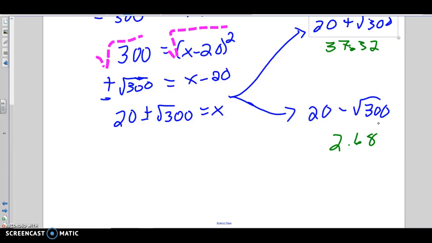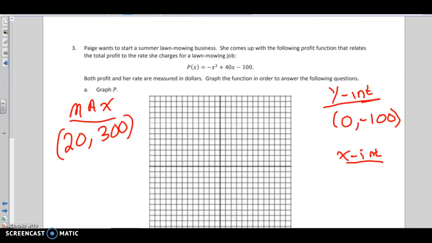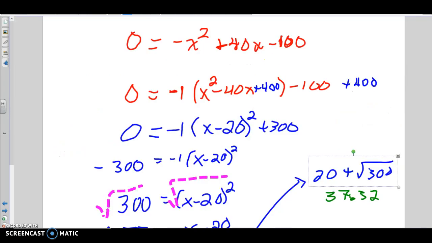So those are my zeros, my solutions, my x-intercepts. So 2.68, 0 and 37.32.